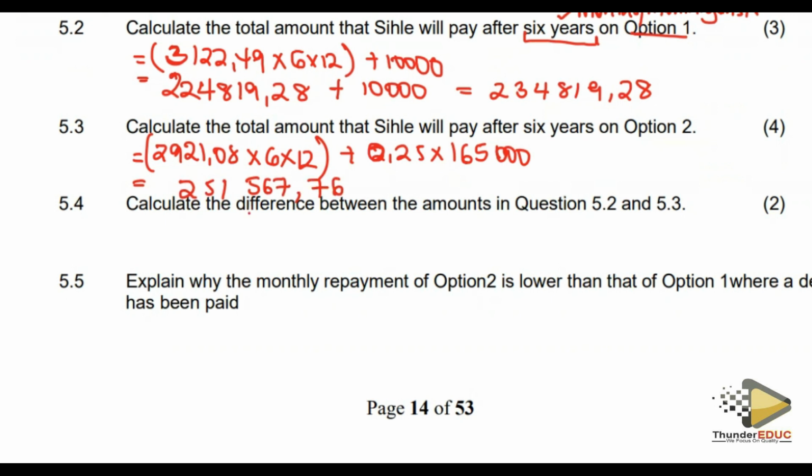All right, then we go to the difference. Calculate the difference between answer in question 5.2 and... Difference simply means we are going to subtract. We are subtracting. So the answer that you have, you subtract the big number minus the smaller number.